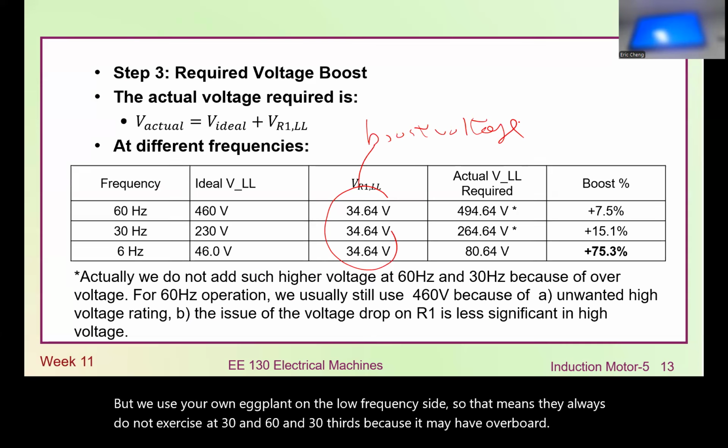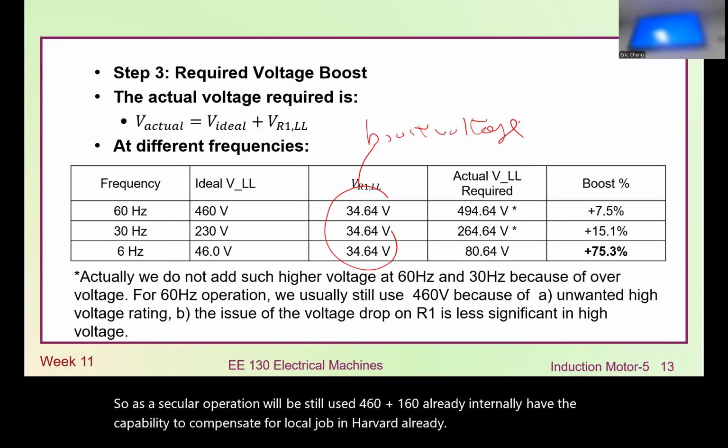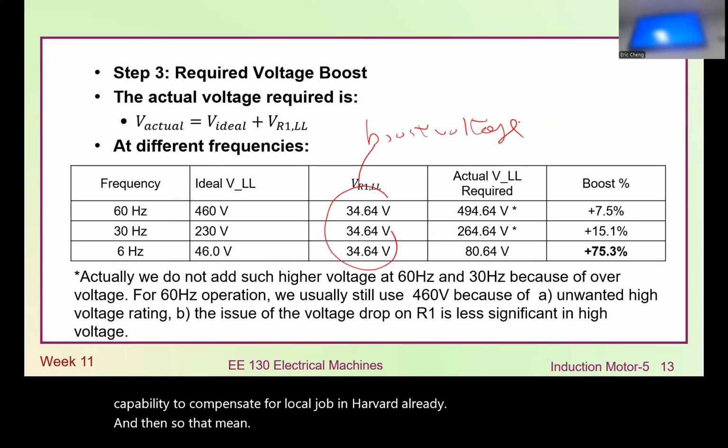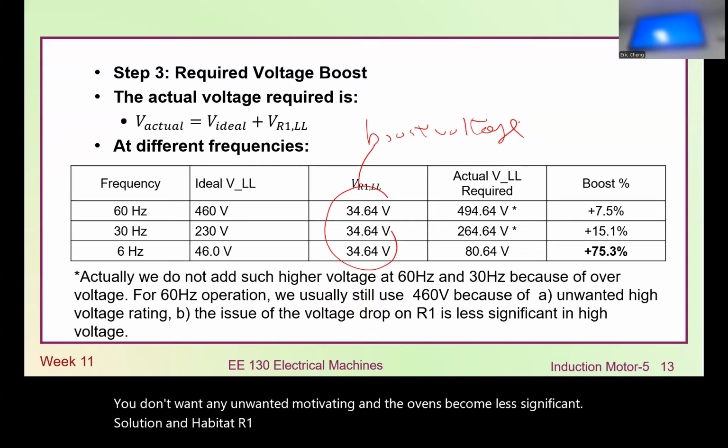At 60 Hz operation we still use 460, because that 460 volts already internally has the capability to compensate for the voltage drop in R1. We don't want any unwanted voltage, and R1 becomes less significant. At high voltage, the actual voltage drop and the magnetizing effect become not significant anymore.